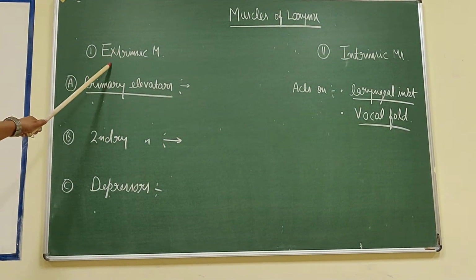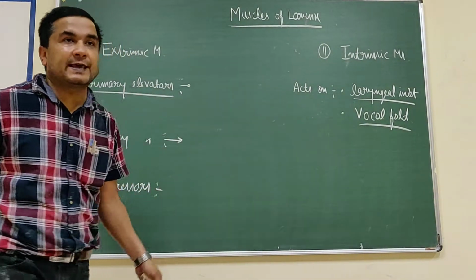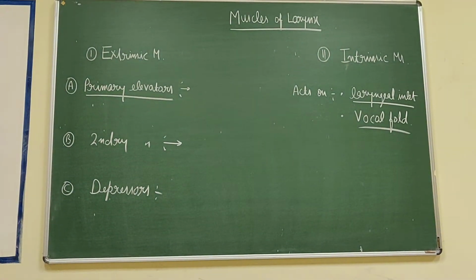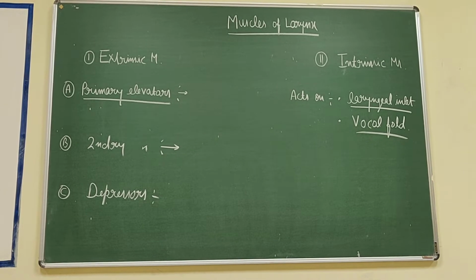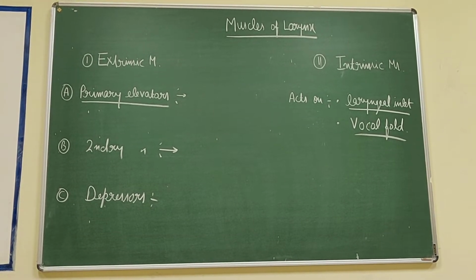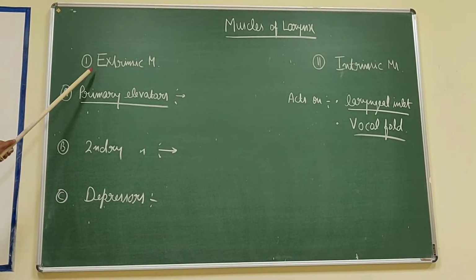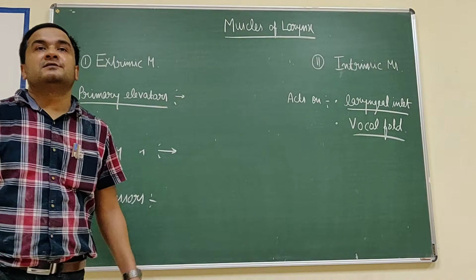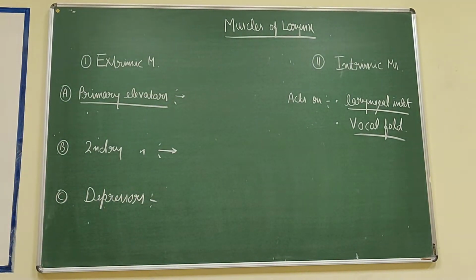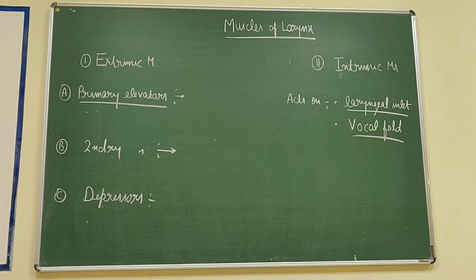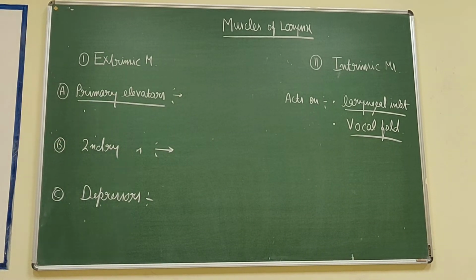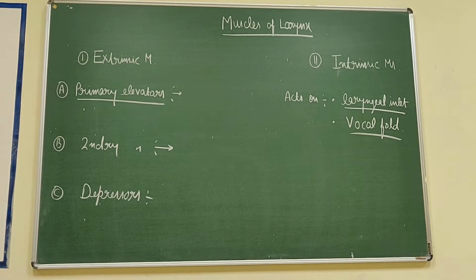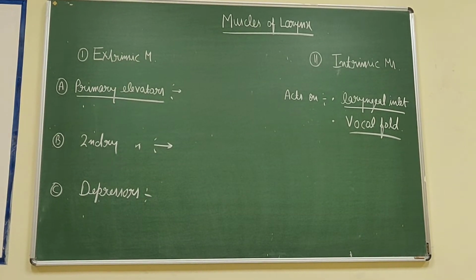The extrinsic and intrinsic muscles are the same as in the tongue, which also has extrinsic and intrinsic muscles. Here the extrinsic muscles connect the laryngeal cartilage to neighboring structures, like the hyoid bone and the pharynx.